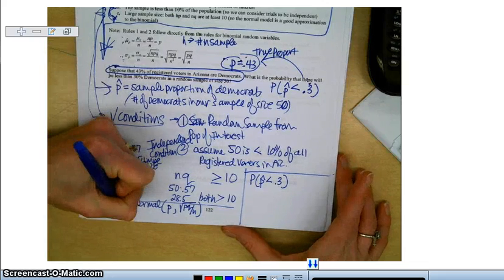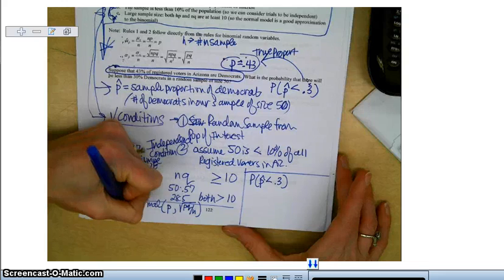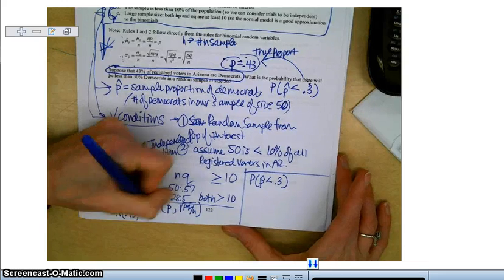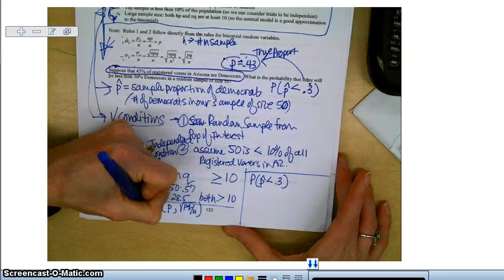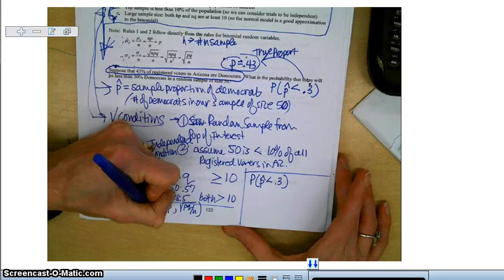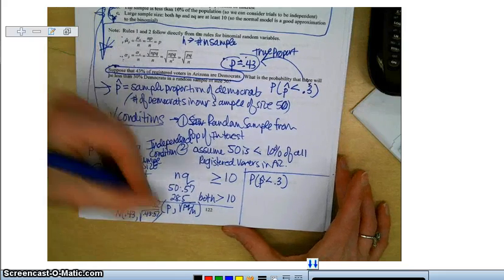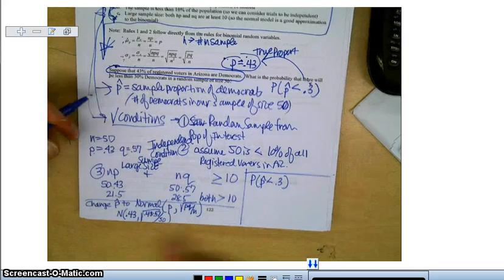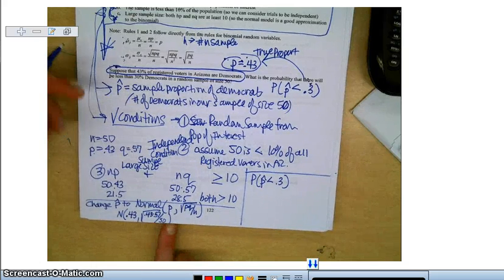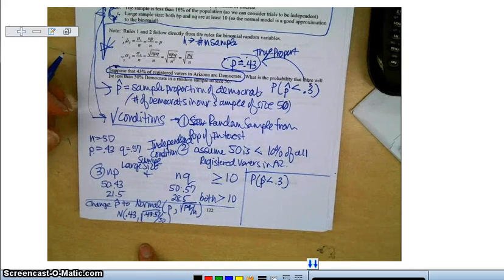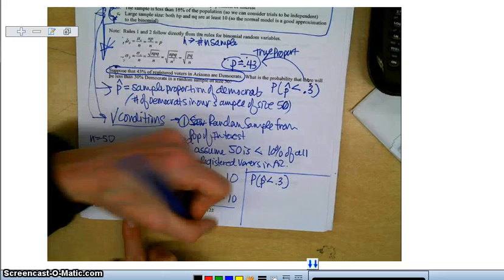So P is what? 0.43. And then the square root of 0.43 times 0.57 divided by 50. I don't really even have to figure that out, I can just leave it like that. But I'm sure you want to get a decimal.